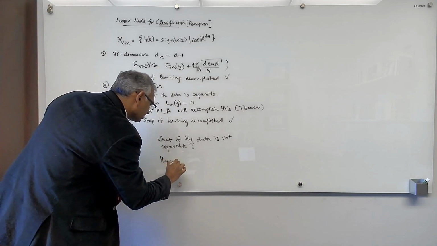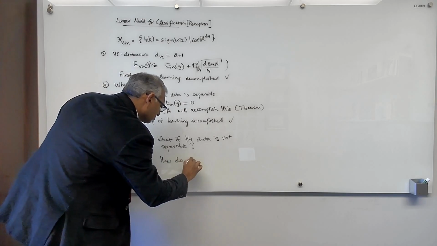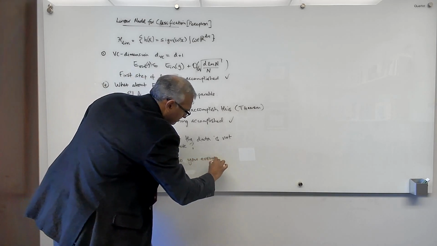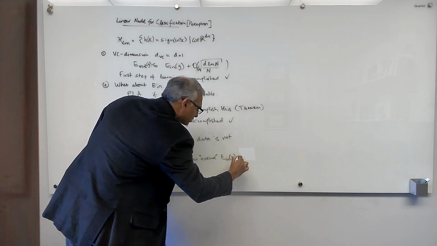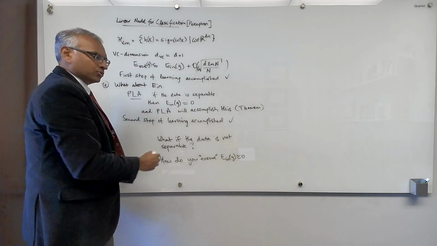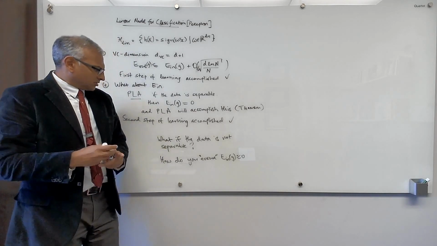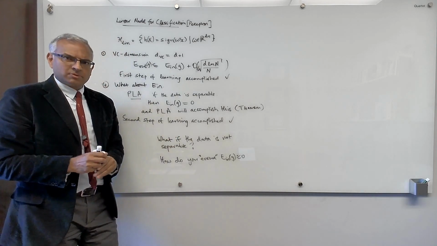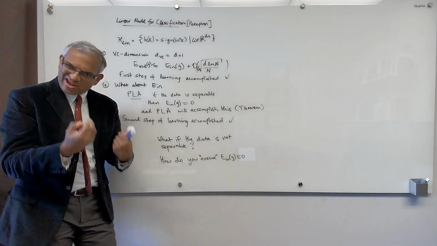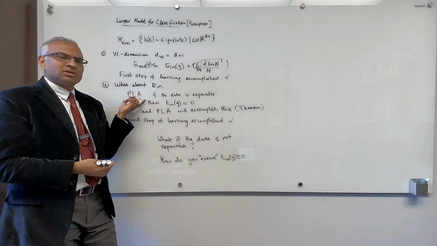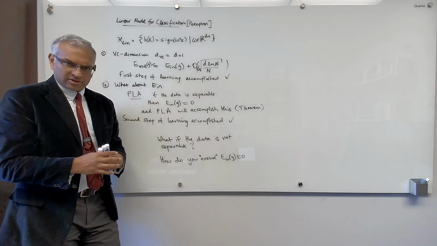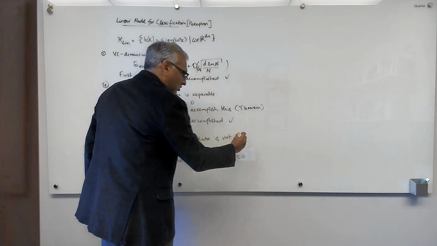How do you ensure, quote unquote, E in of g approximately equal to 0? So, two issues we have to address. Now, the first issue, what do you do if the data is not separable? That's very easy for us to address. You basically have to update the perceptron learning algorithm so that it can tolerate error. And that algorithm we're going to call the pocket algorithm.